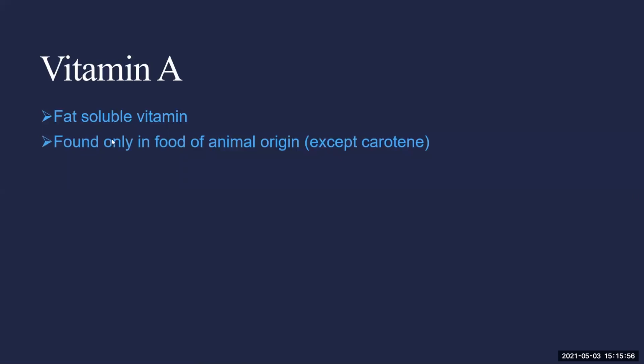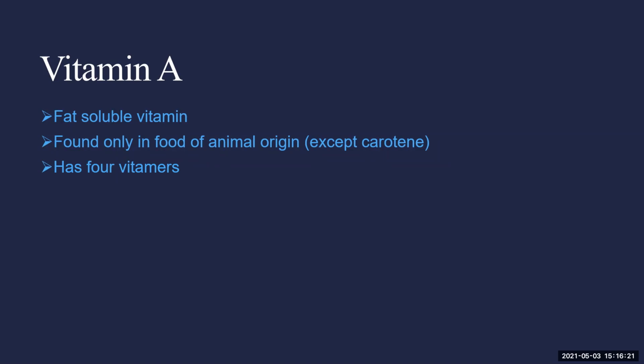Except that, all other forms are only available in animal origin. We cannot get them through plants. So vegetarians, that's a problem for you. But when we see the sources, we'll come to know which sources we can take. Vitamin A has 4 forms.